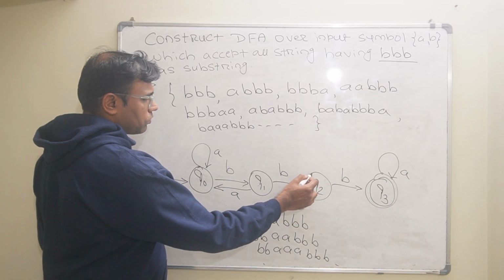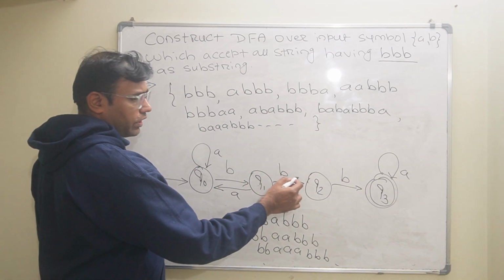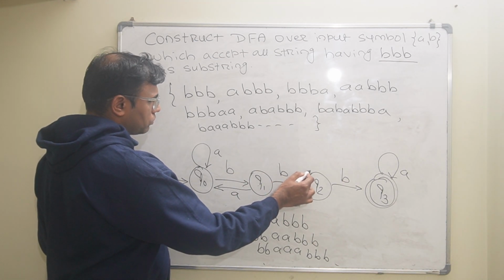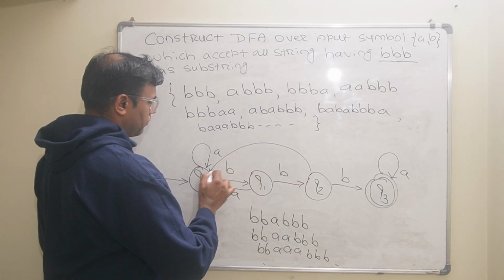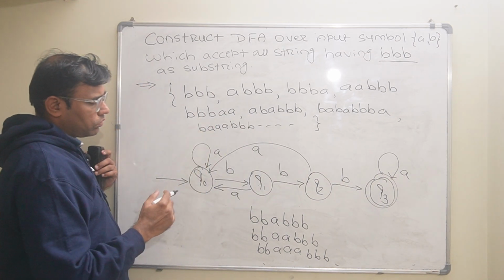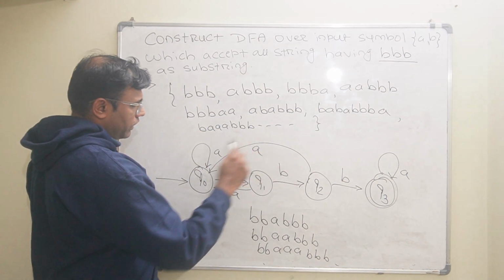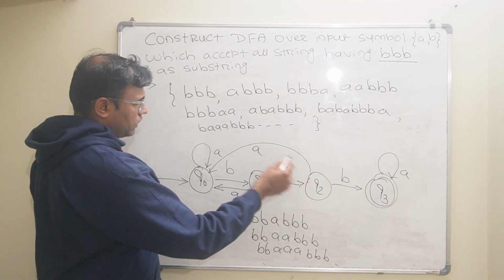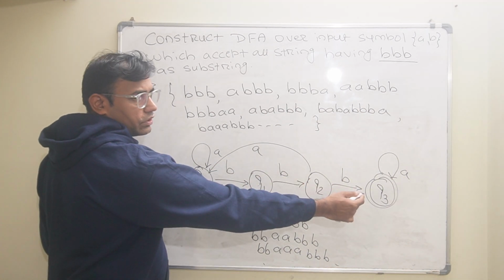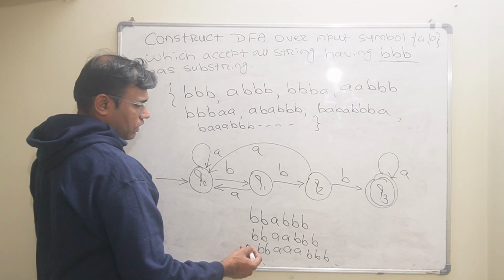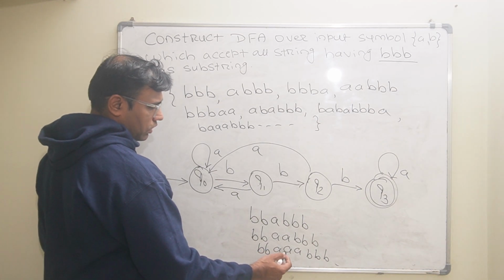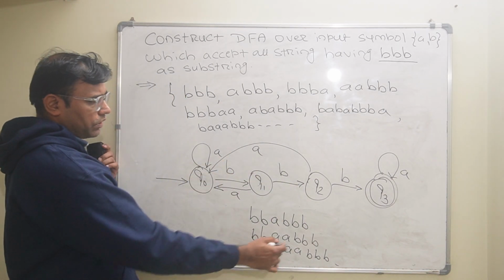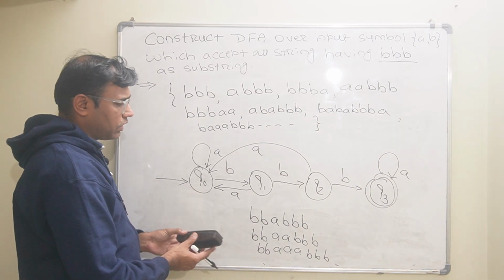So what we can do is we can come back for a from Q2 to Q0, so it will solve our problem. So if you see here bba, then bbb reaches the final state, bbaa, bbb reaches the final state, and bb, any number of a, and then bbb reaches the final state.